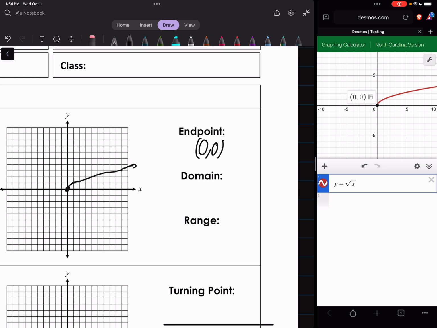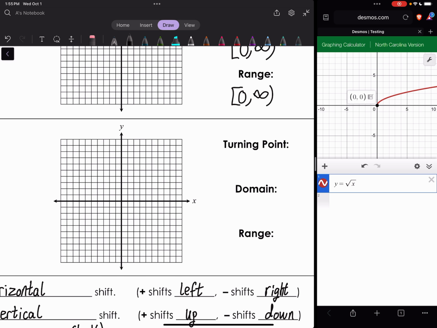My domain is going to be 0 to infinity. Square bracket on the 0 because I do touch x equals 0, or an x value of 0. Parenthesis on the infinity. My range, 0 to infinity, because I stop at the x-axis and I'm going upward.